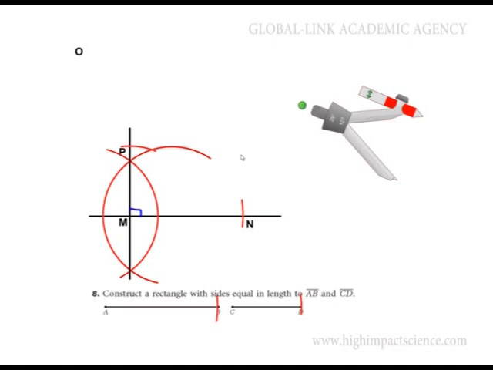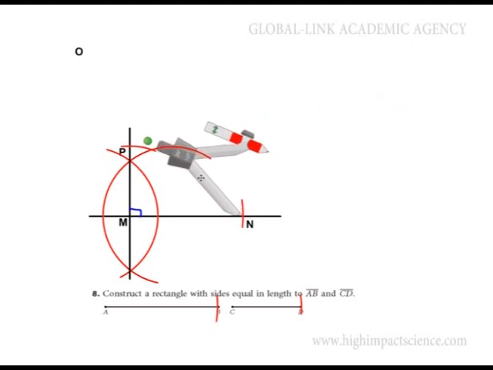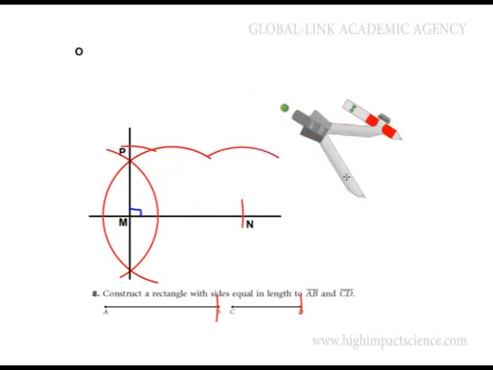Again, PO is equal to MN. And again, PM equals to NO. So I don't need to construct a perpendicular. From N, mark an arc the same radius as PM. So O is somewhere on that arc.